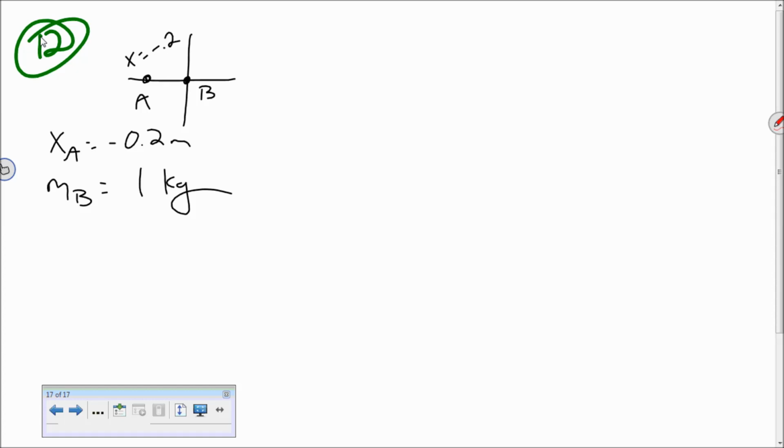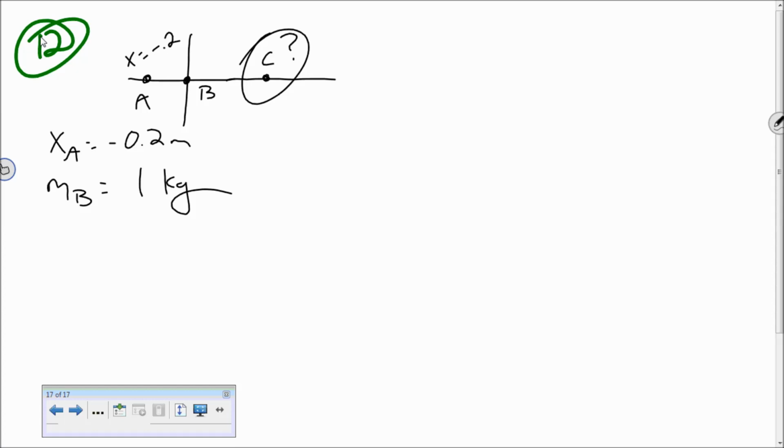So particle C is going to go here somewhere. And we just got to figure out where it goes, I believe. Graph B shows the x component, F net in the x direction, of the net gravitational force on particle B due to particles A and C as a function of the position of particle C.